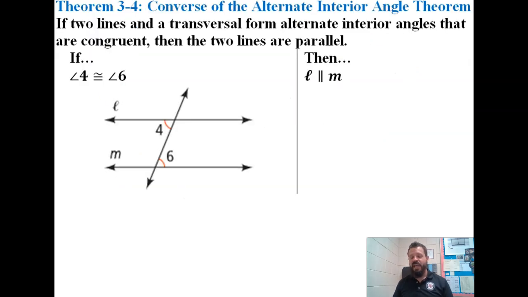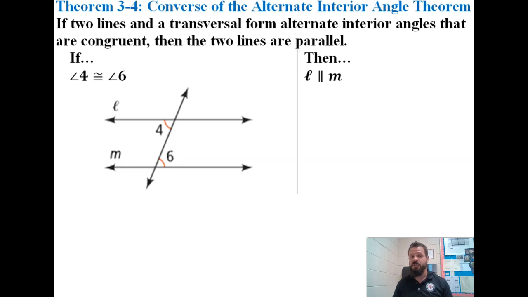Now, in the last lesson, after we introduced the corresponding angle postulate, we were able to build some other properties or theorems based on that postulate. We'll do the exact same thing here with its converse. We'll start off by looking at the converse of the alternate interior angle theorem.